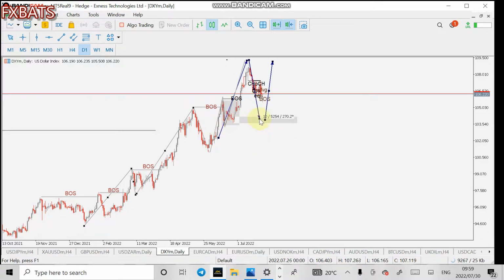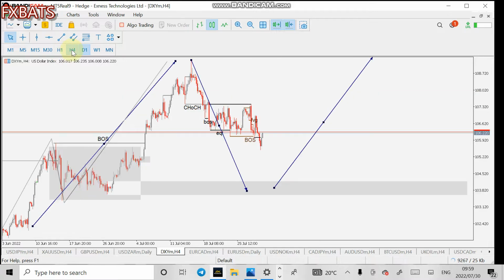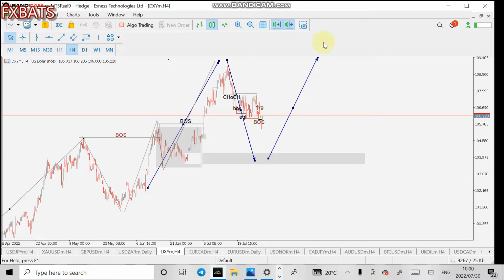But if it stops here, this daily order block holds the price, and when this order block holds the price, still we're going to see the trend continuing to buy.